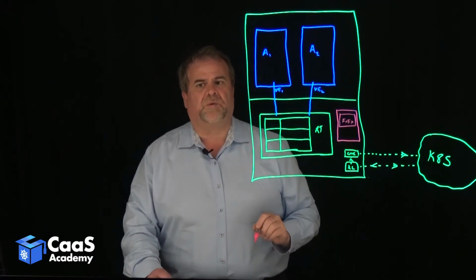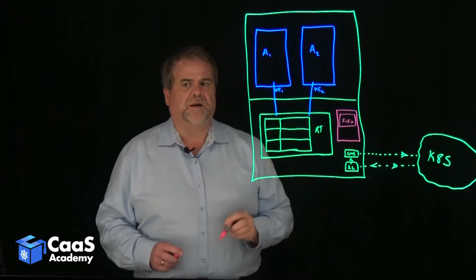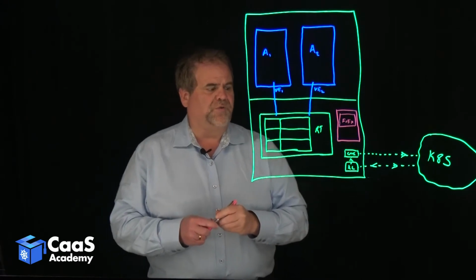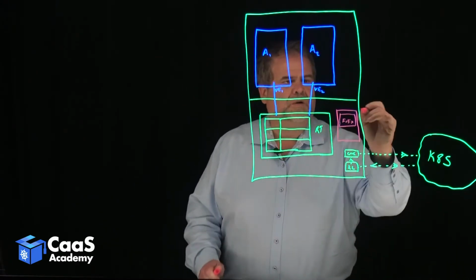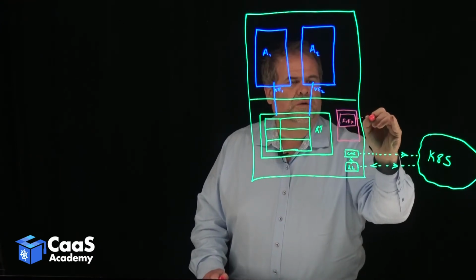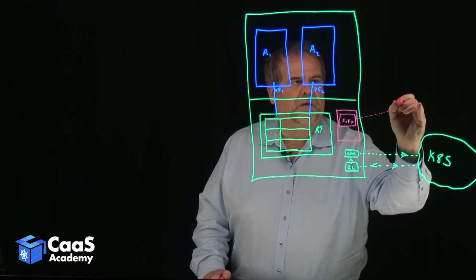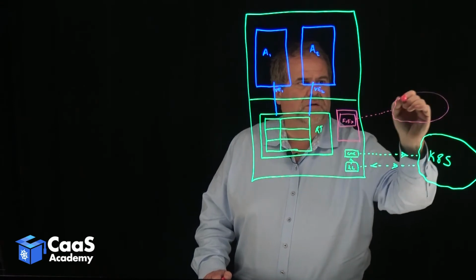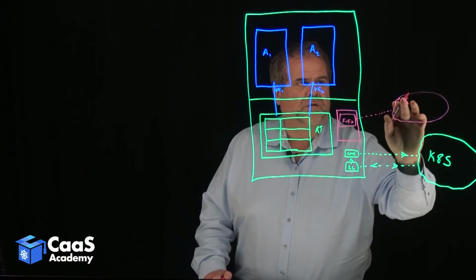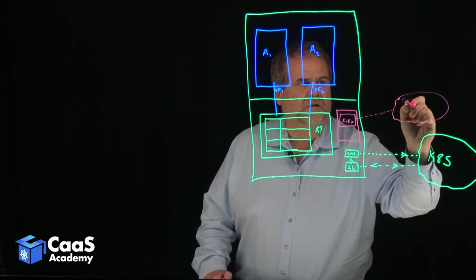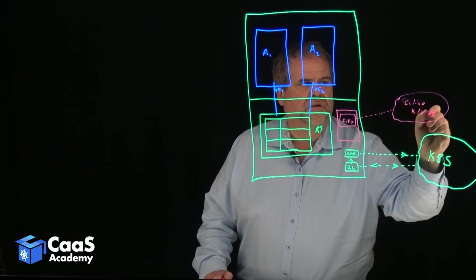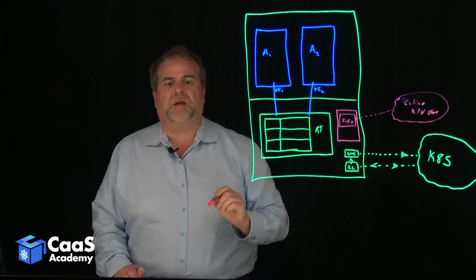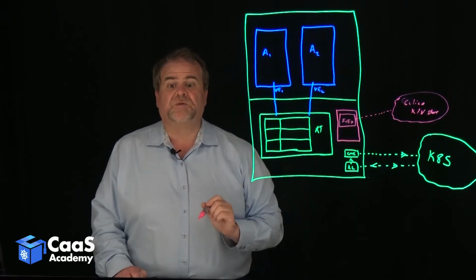We'll talk about that other workload in a minute. Right now it's got Felix. So Felix is talking to the Calico key value store.